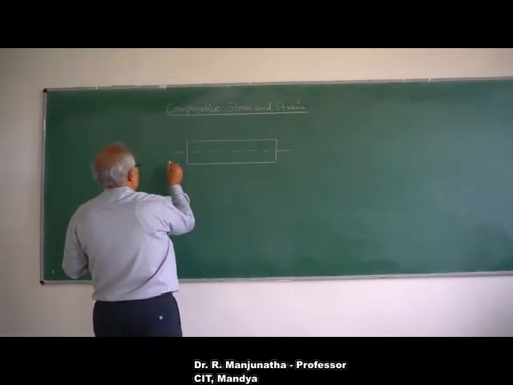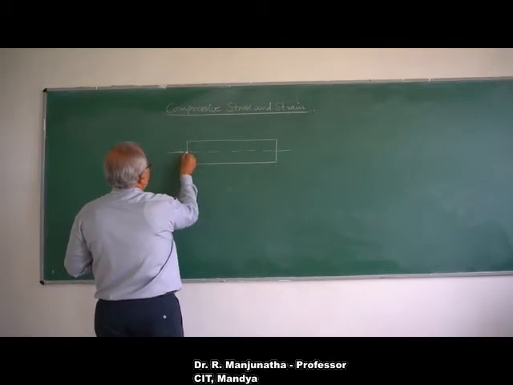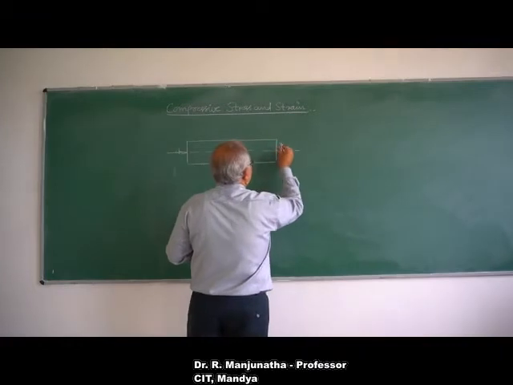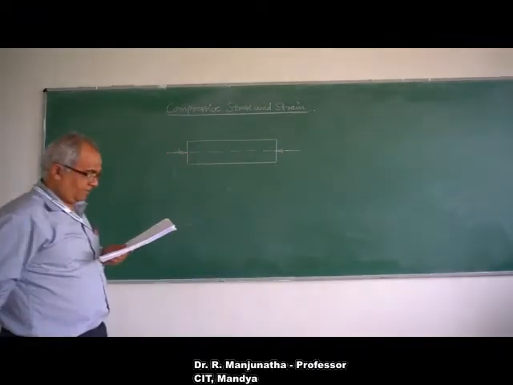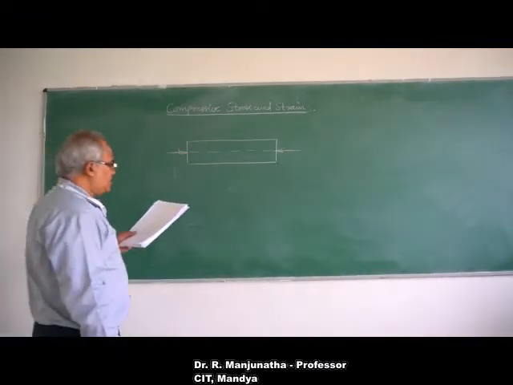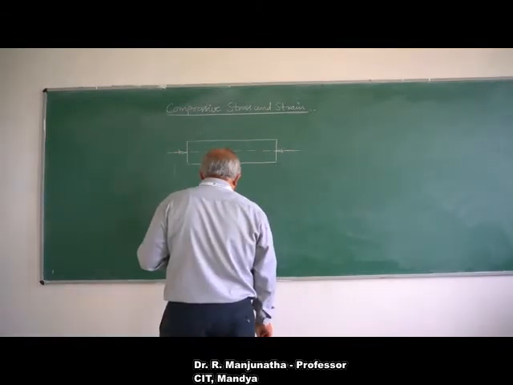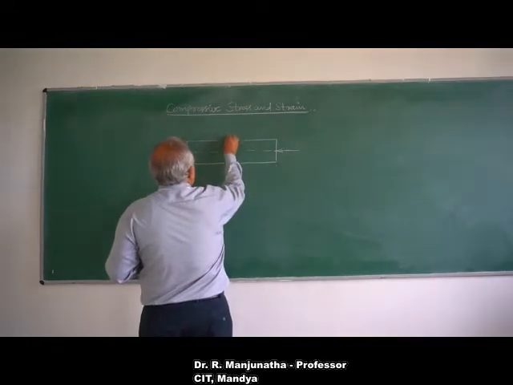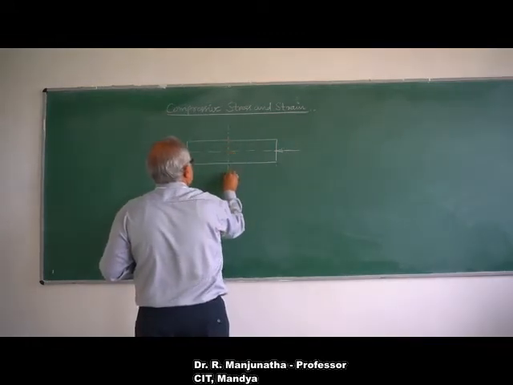That means when a body or section is subjected to two equal and opposite pushes, there are two forces directed towards each other, and it tends to push the particles of the material nearer, causing the shortening of the member.